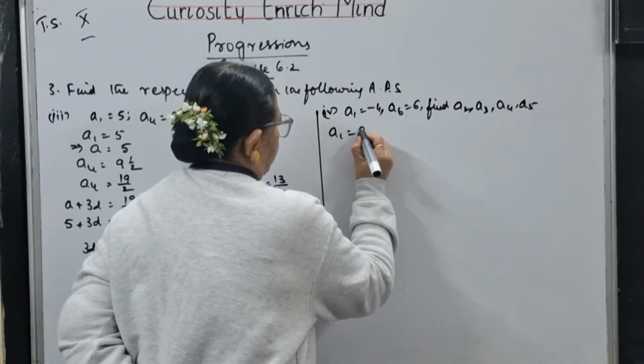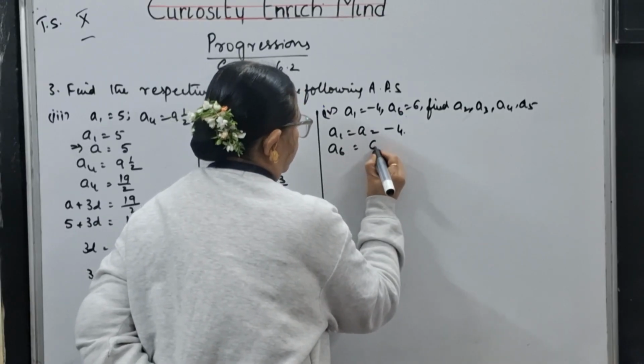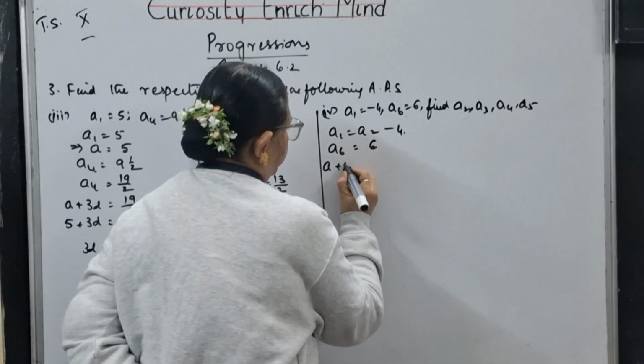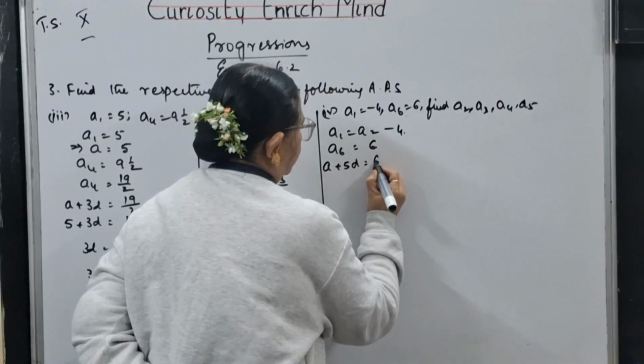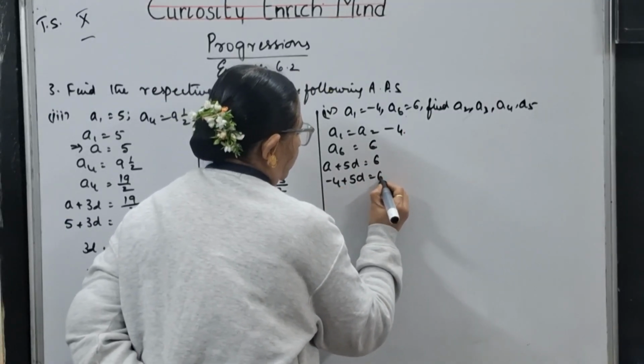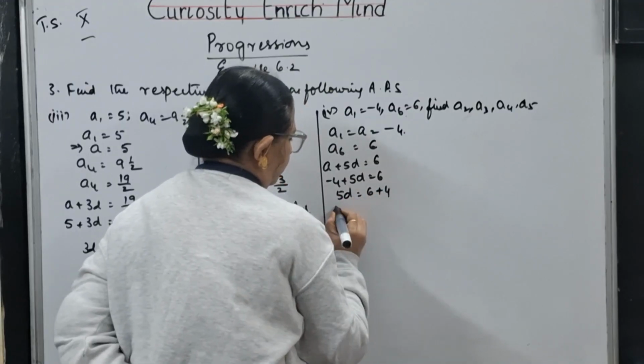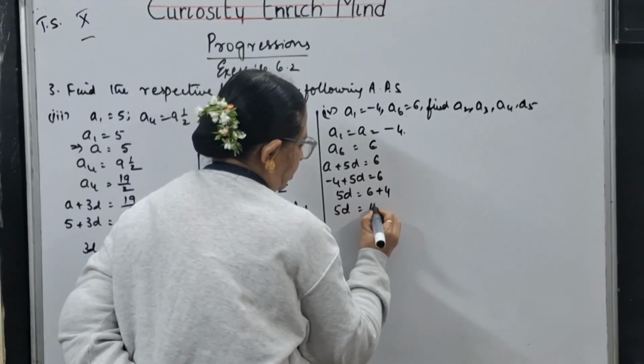So A1 is nothing but A, that is minus 4. A6 is 6. A6 means A plus 5D is equal to 6. Minus 4 plus 5D is equal to 6. What is 5D? 6 plus 4. 5D is equal to 10.